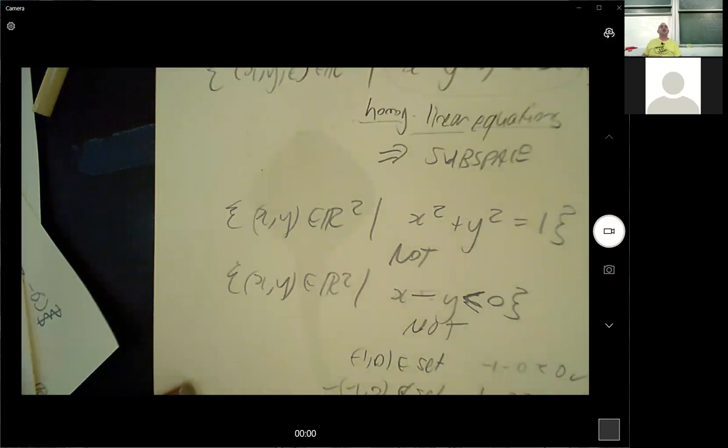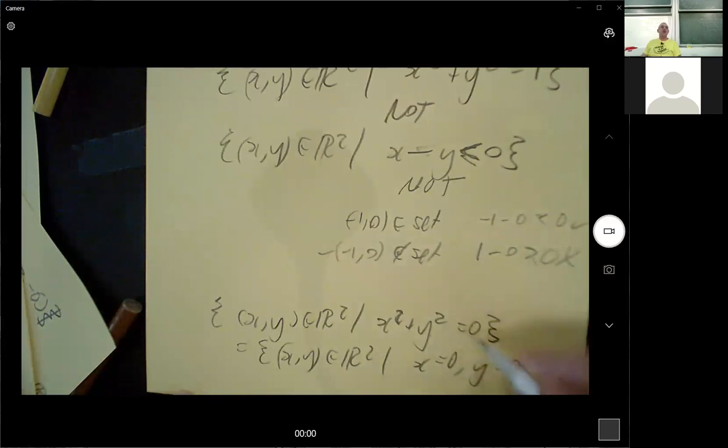I'm sure there are some that are. Like if this had been a less than or equal to 0, it still would have been because it's still only possible to get 0. So 0, 0 is the only point that satisfies it. And just 0, 0 is definitely a subspace.